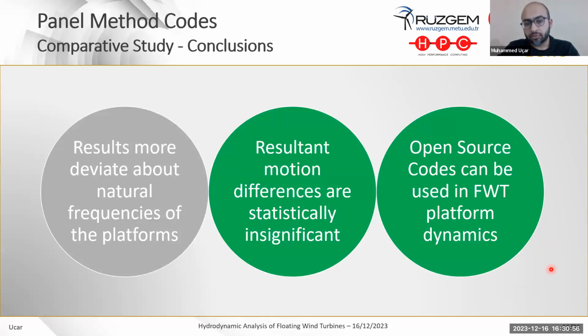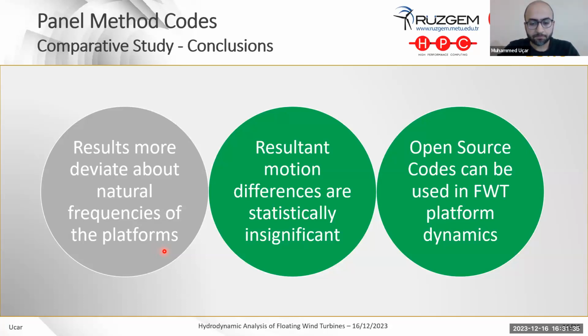So these are our conclusions. The deviations in the resultant motion data are derived from the natural frequencies of the platforms. That's quite natural because during resonance of any structure, it's hard to define its response or its motion. So the panel method codes deviate around the natural frequencies.